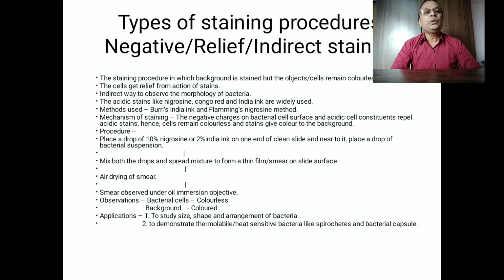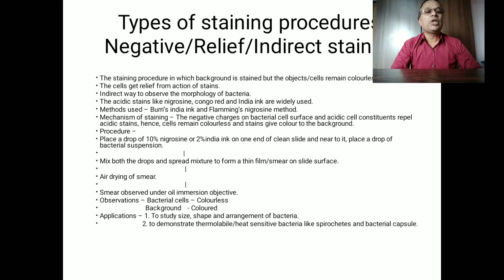So there are two types of suspending fluids from which one can make staining solutions: water, which gives aqueous stains, or alcohol, which gives alcoholic stains. Some stains are also prepared in phenol. They are known as phenolic stains, but they are required in only a very few selected staining procedures.